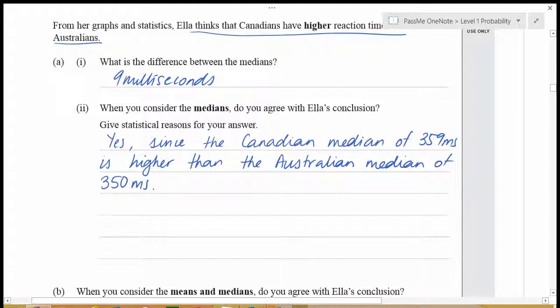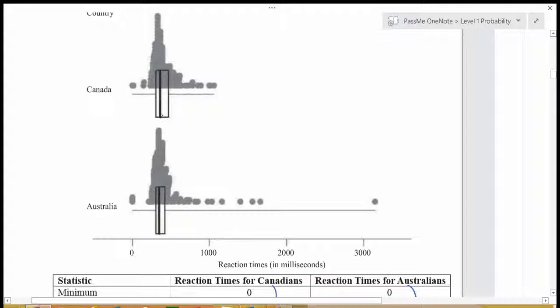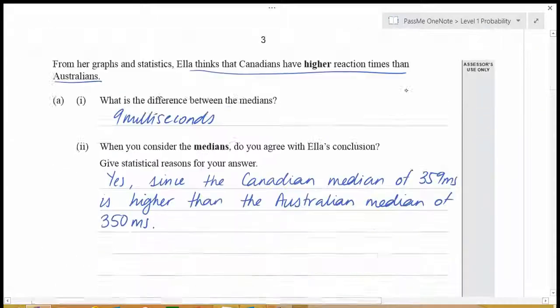We also need to consider this in the context of the graphs. We can see with the graphs that the medians look very, very close, particularly in proportion to the middle 50%, and that the shape of these is quite similar as well. So we can qualify this a bit by saying that both medians are within the box of the other sample distribution.